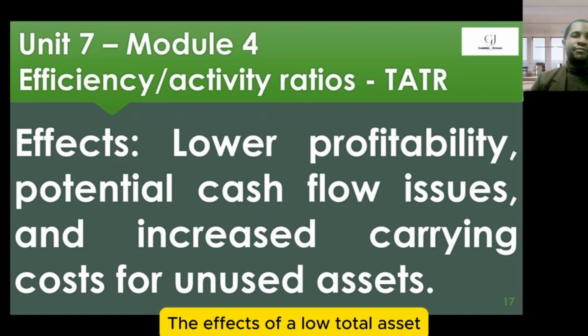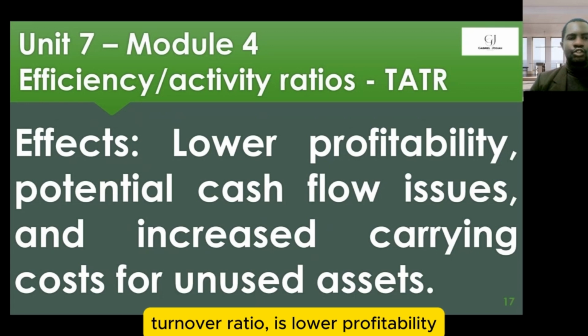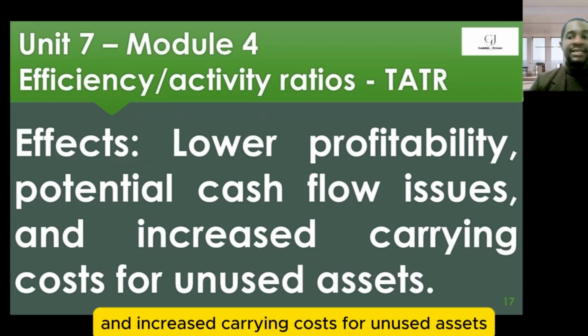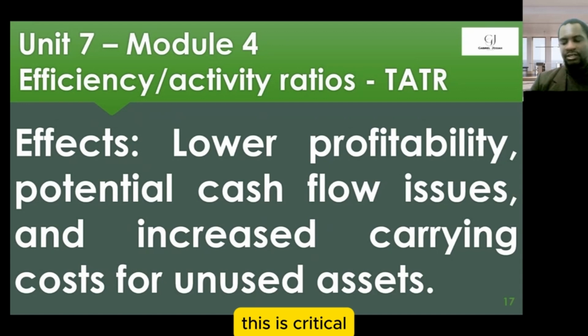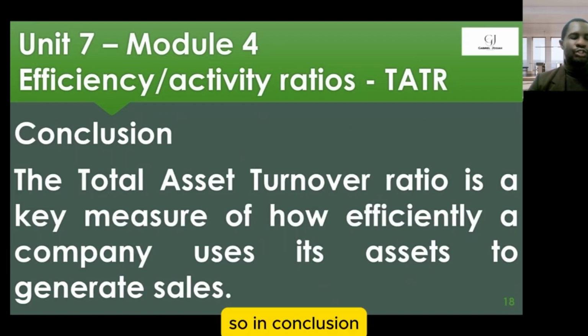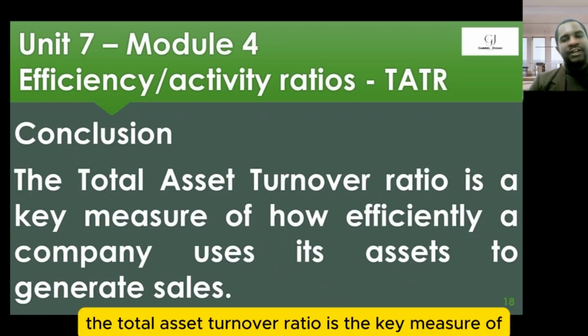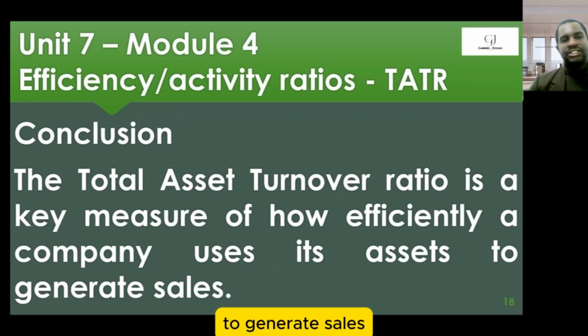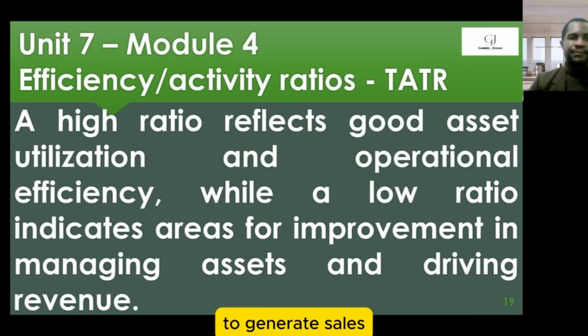The effects of a low total asset turnover ratio are lower profitability, potential cash flow issues, and increased carrying costs for unused assets. This is critical. So in conclusion, the total asset turnover ratio is a key measure of how efficiently a company uses its assets to generate sales.